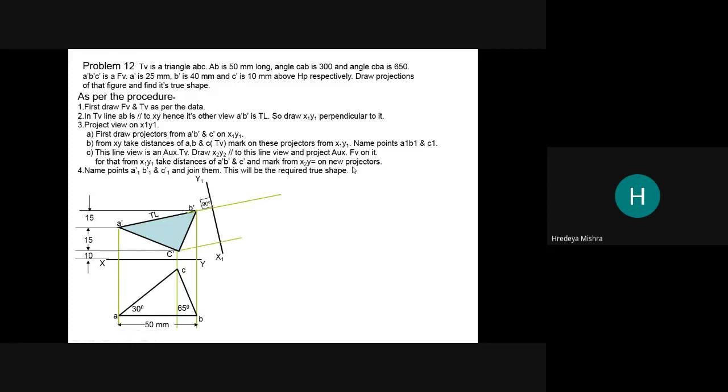Now this line is x1 y1. Now draw a parallel line from C and you get another point C1 B1, because A dash and B dash are overlapping each other, so we get this projection A1 B1 here and C1 here.